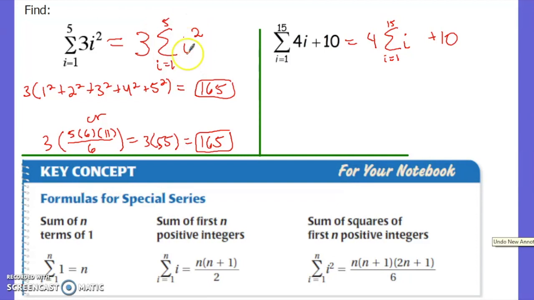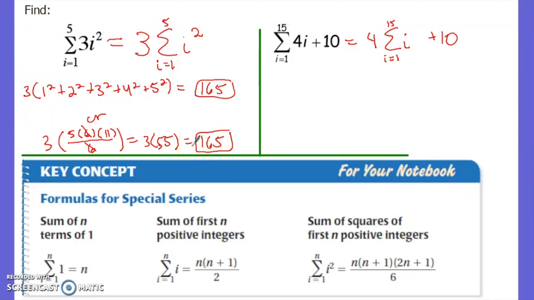So I'm just going to plug 5 in. 5 plus 1 would be 6, and 5 times 2 plus 1 would have been 11. 5 times 6 times 11, all divided by 6. Note 6 is in the formula. Cancel the 6s, and 55 times 3 also comes out to 165.